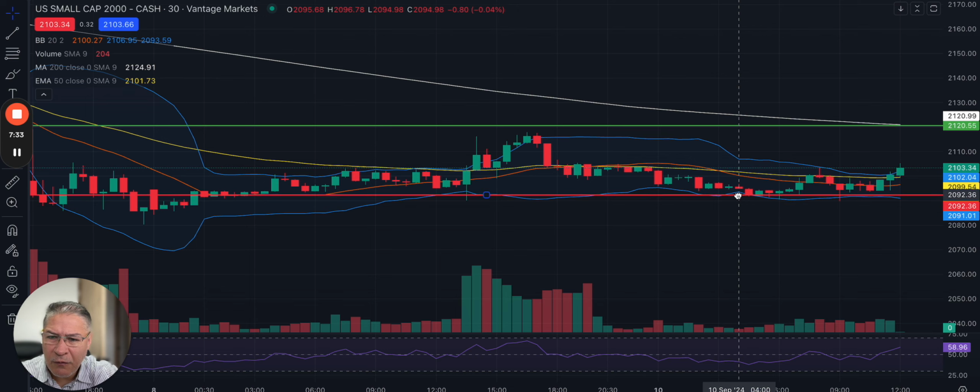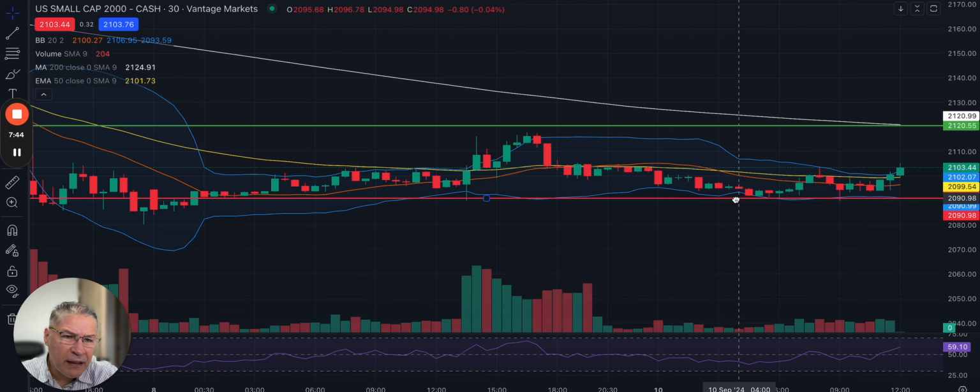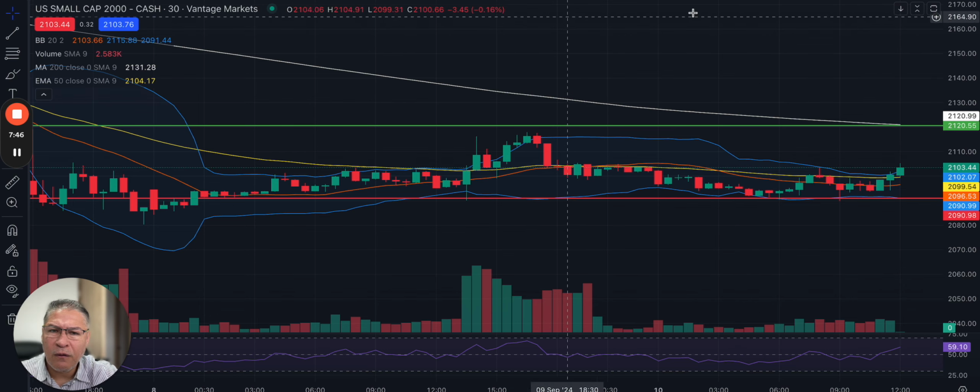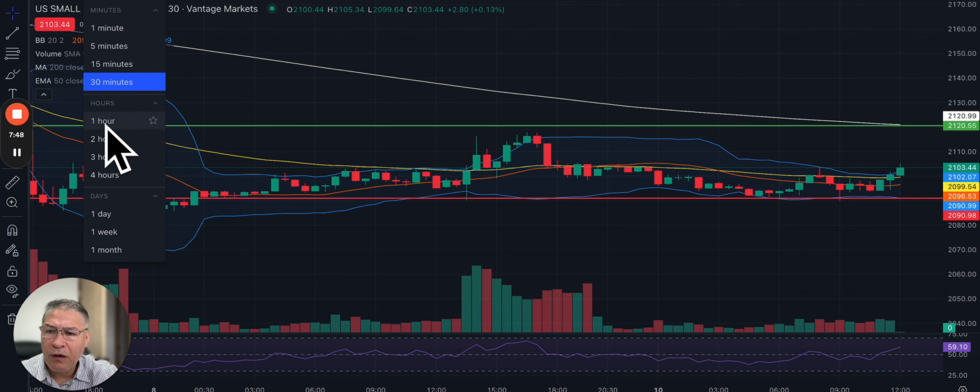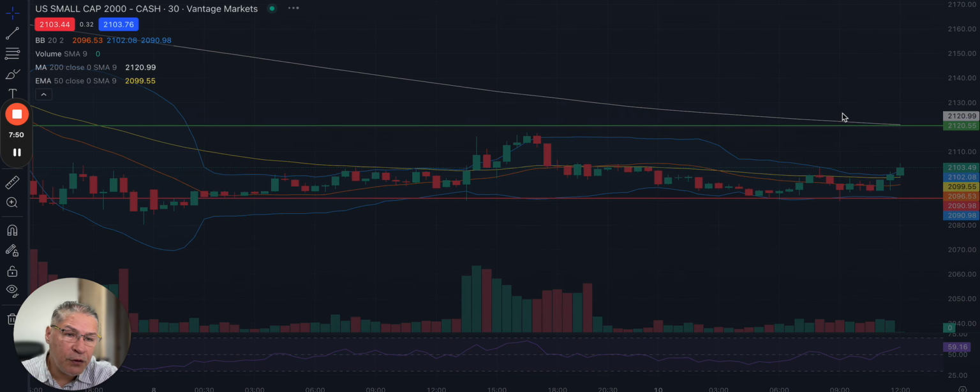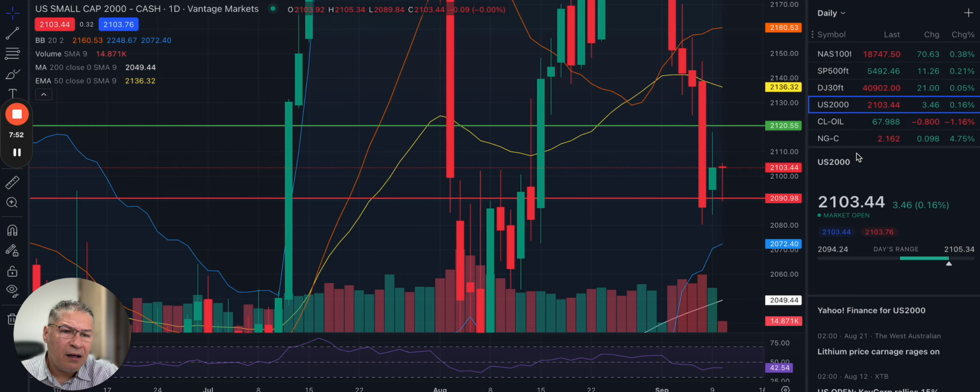We could also use this, but we are too close to the market and we want to give some room. So let's just use 2090 as a probable level of support for the Russell. I'm still looking for a move to the upside in the indices, so let's see what happens.